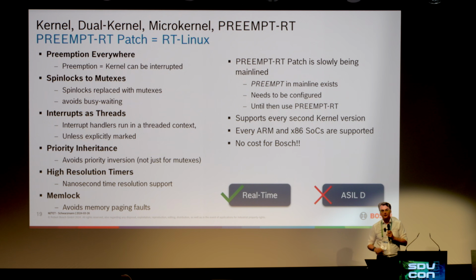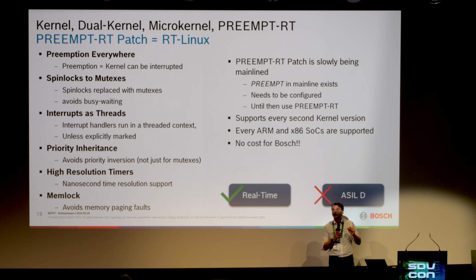So here's a real-time patch. Don't worry, we will not go over all of these. But real-time patch essentially means whatever you think is holding back Linux as a real-time operating system has been solved. Every single detail. What has not been solved is an ALCD certification out of context.